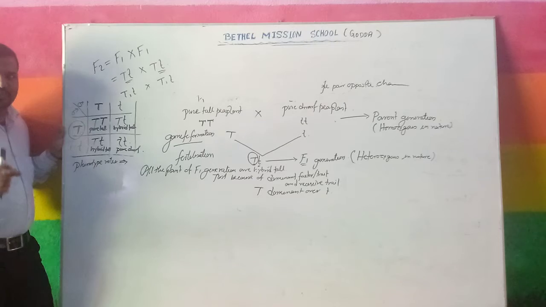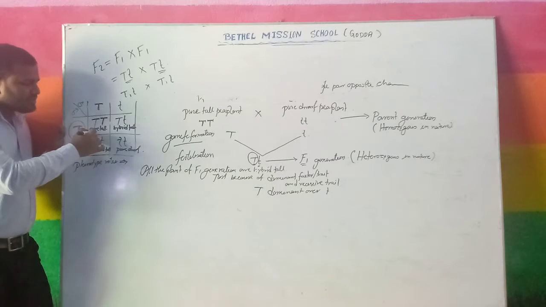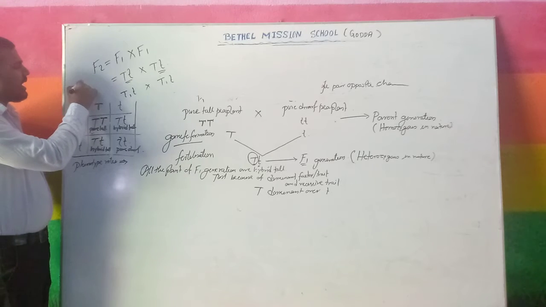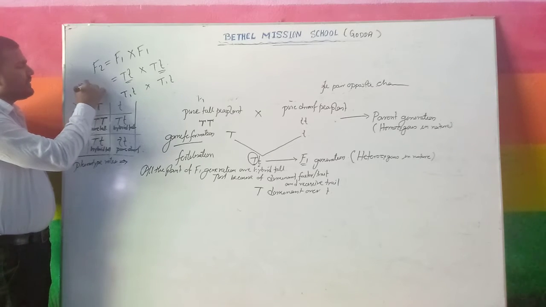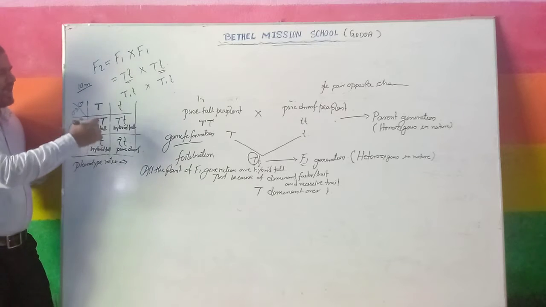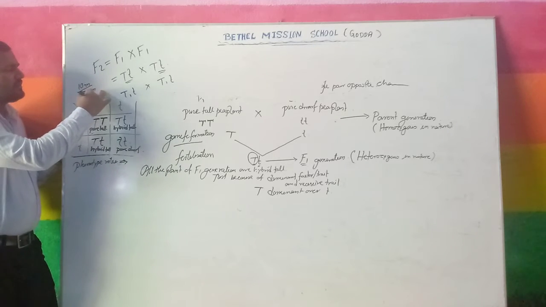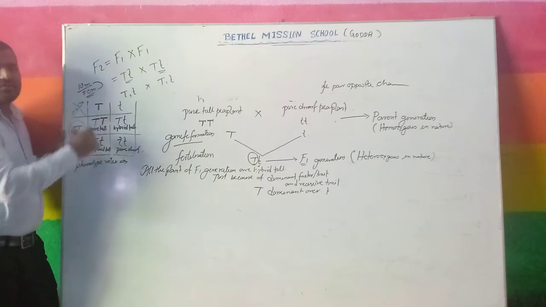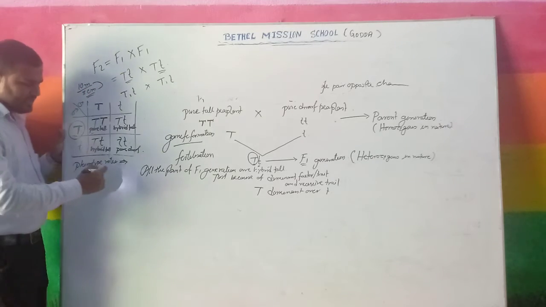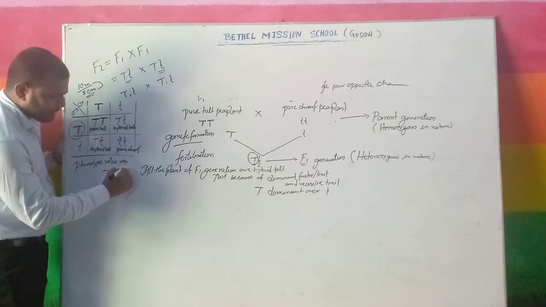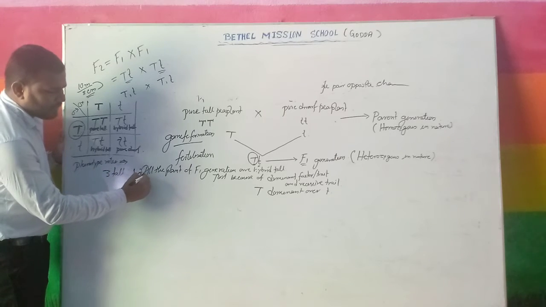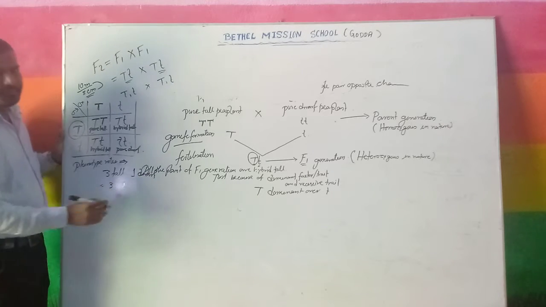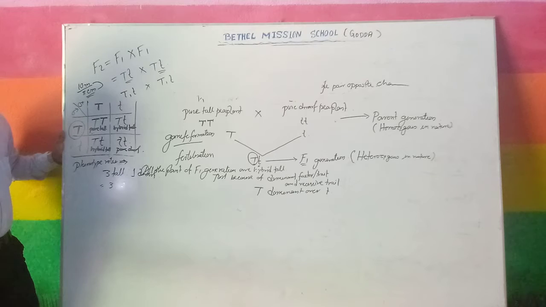So it is quite difficult to judge what is pure tall and what is hybrid tall. Suppose the pure tall are having the 10 meter length and the hybrid tall having the 8 meter length. So deficiency of length takes place, but both are indicating about the tallness. Then we are judging that the 3 tall plant and 1 dwarf plant. So the phenotype ratio will be the 3:1, the morphological ratio.